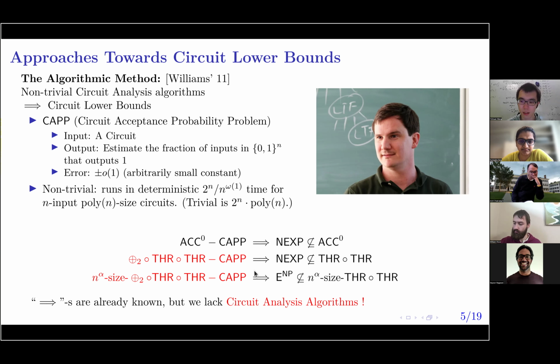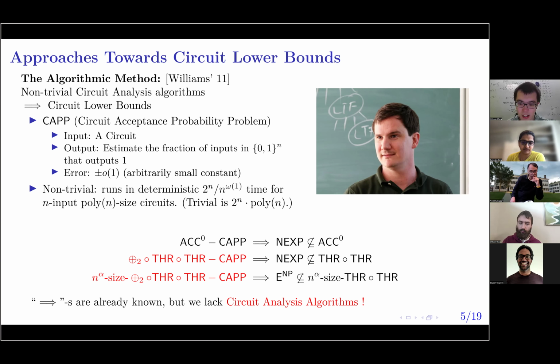So if we first do a linear size algorithm, and a square size algorithm, and a third, and so on. If we care about the exponent in this polynomial size, then for any constant alpha, if we only have an algorithm for alpha size XOR of threshold, it actually implies that E^NP is not in n^alpha size threshold.